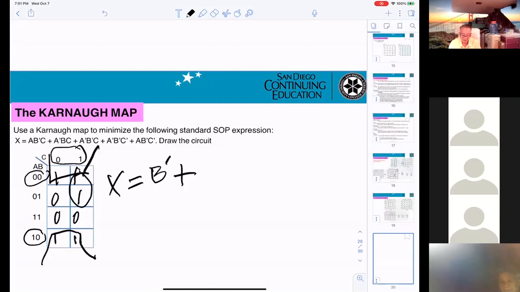Not A, C. Oh, I see. In the product it doesn't matter, right? You can read up or down. First or second doesn't matter. That's just a product.